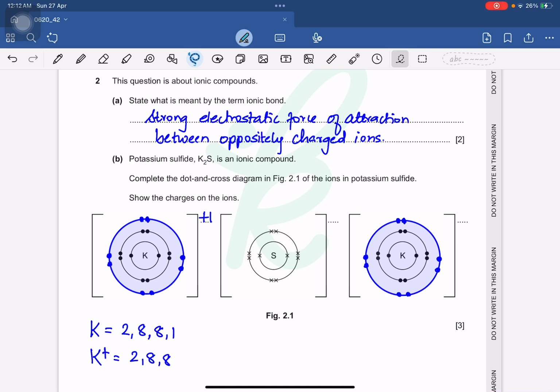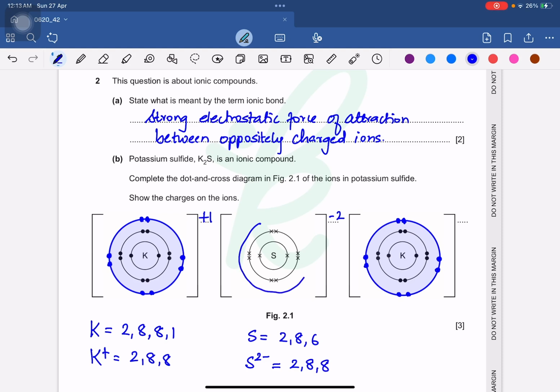Now, sulfur in its natural state has 16 electrons, that is 2, 8, 6. Now it needs to accept 2 electrons. So in that case, the charge will be S2- and the electronic configuration will be 2, 8, 8. So here there will be a charge of minus 2.